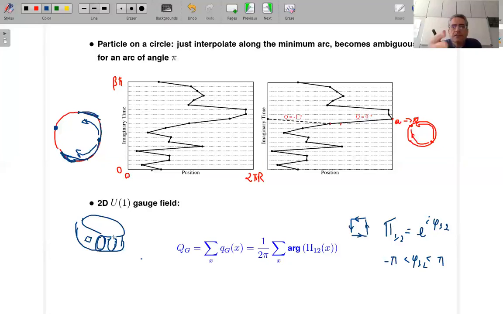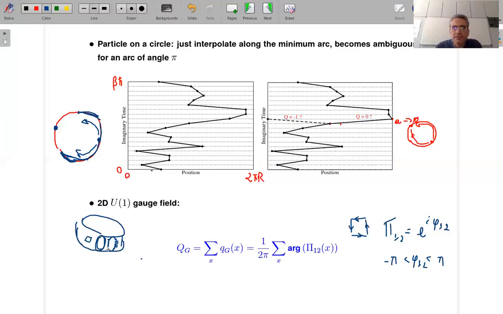Well, it depends on the value that the gauge field takes over this circle. Again, the topology in the meaning that we are considering here is the topology of the functions which go from the torus to the gauge field.